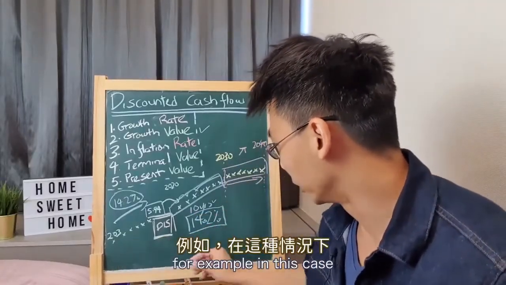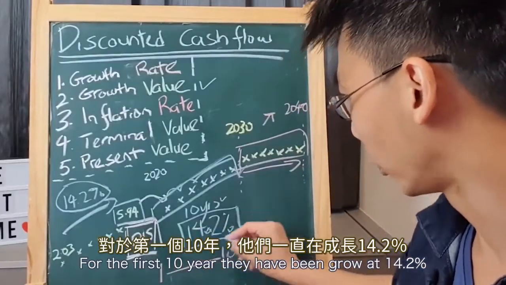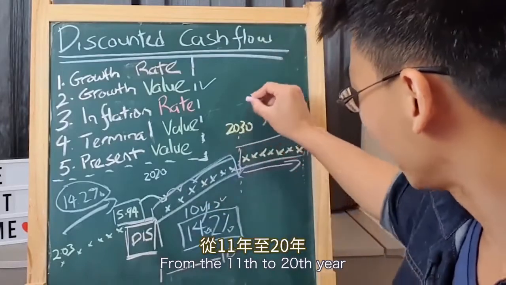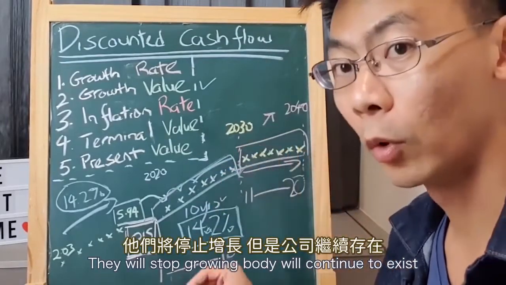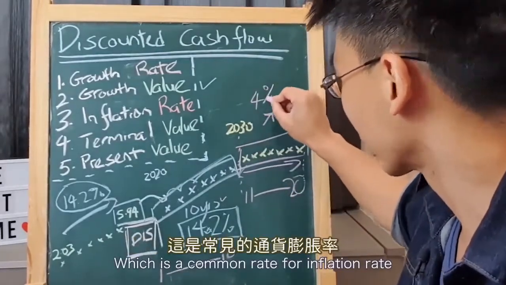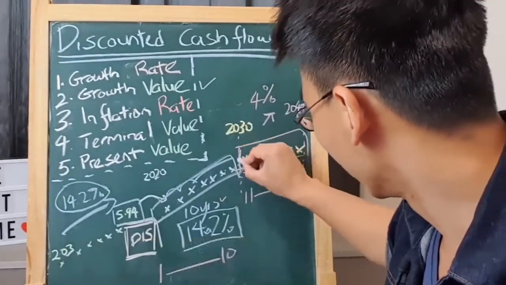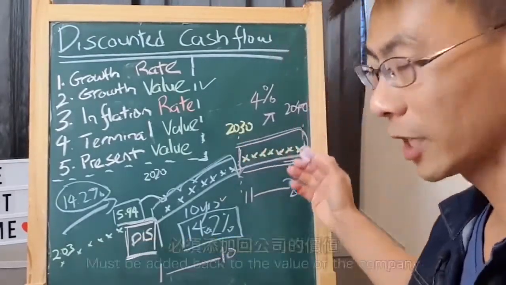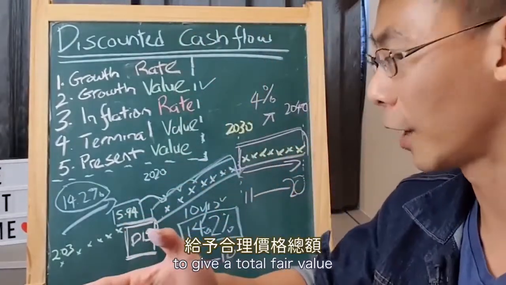Meaning to say, for example, in Disney's case, for the first to 10th year, they have been growing at 14.2%. From the 11th to 20th year, they will stop growing, but they will continue to exist and they will grow at, let's say, 4%, which is a common rate for inflation rate. If they continue to grow at 4%, the amount of money that they make here must be added back to the value of the company to give a total fair value.